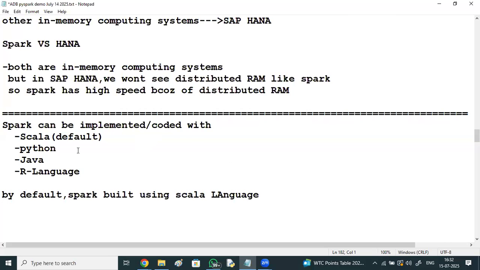Today, Spark with Scala and Spark with Python are mostly chosen. Spark with Python, we call PySpark, right?